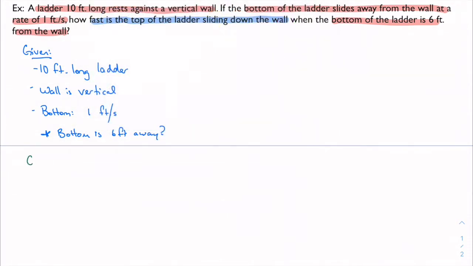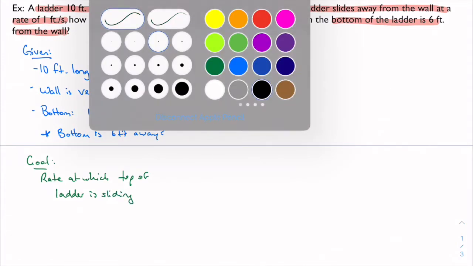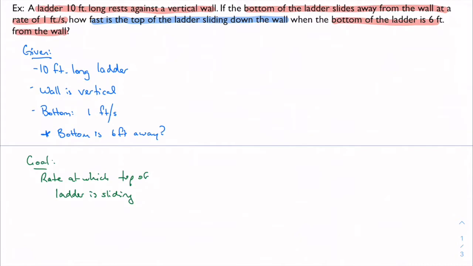And at that moment, my goal is to find the rate at which the top of the ladder is sliding down the wall. So again, not super helpful here like it was before, but with the ladder problem, these are pretty quintessential problems. This ladder problem specifically.